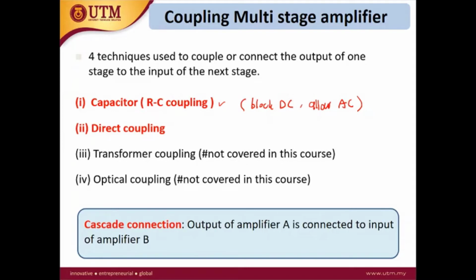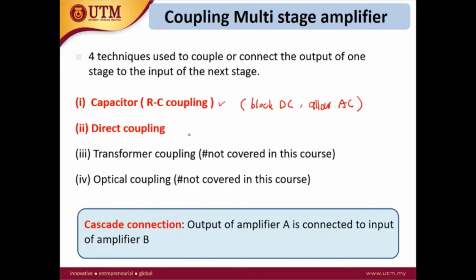Before the capacitor coupling, the waveform includes the DC signal because it is not removed. But after the capacitor coupling, only the AC part appears as the output waveform.